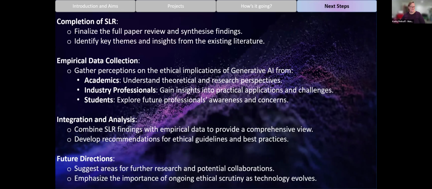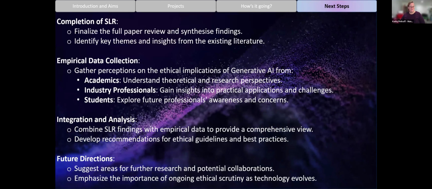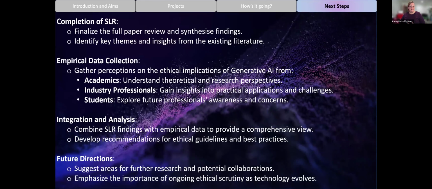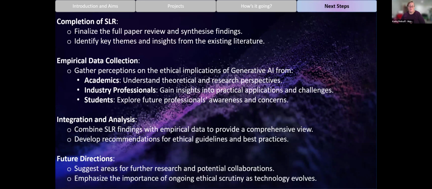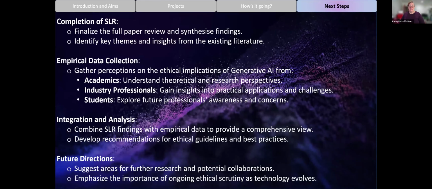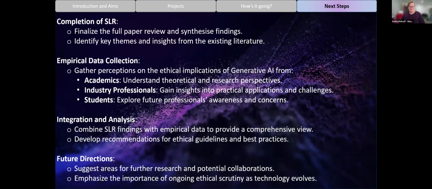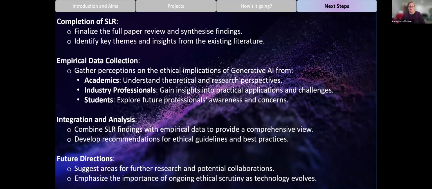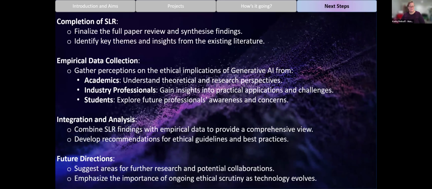We also want to combine the findings from both lots of analysis, hopefully with a view to publishing that. We're also looking at where we can go from there. What sorts of things are we going to need in this universe when we're looking at generative AI and ethical approaches, and how do we emphasize the usage of this from an ethical standpoint?